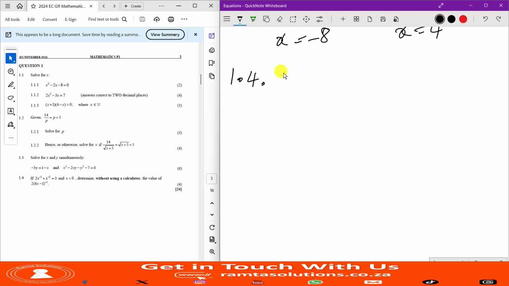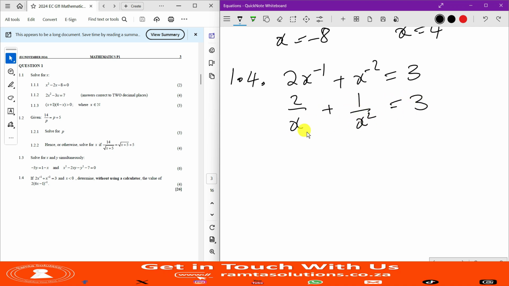Let's begin with this one first. 2x to the negative 1 plus x to the negative 2 equals 3. Similar to 2 over x plus 1 over x squared equals 3. So here we can say the lowest common denominator is x squared.